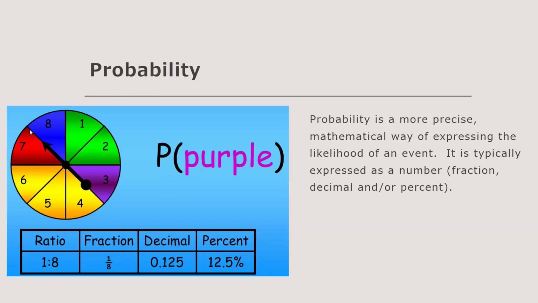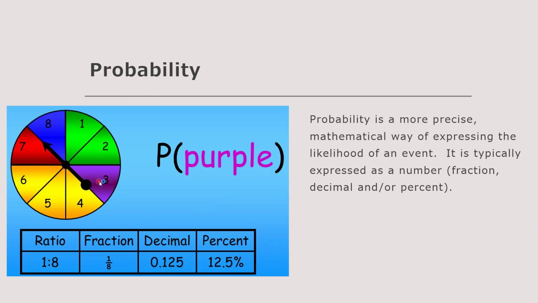If we look at this example here, we have a spinner and we want to know the probability, that's what this P stands for, of you spinning it and it landing on a purple section. If you were to spin it, there's lots of different sections that it could land on. There are a total of 8 sections, and only one of them is purple.